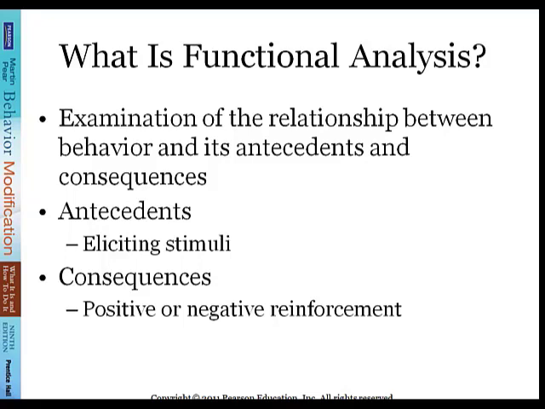We have an antecedent, and then a behavior, and then a consequence. The antecedent that comes first is basically an eliciting stimulus. It's something that sets off or triggers that behavior. So you would try to identify what might be setting off the behavior. This is something that happens before the behavior happens.